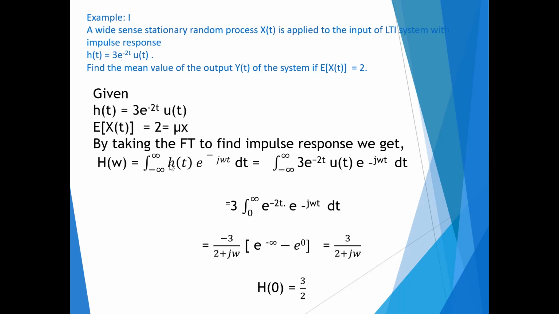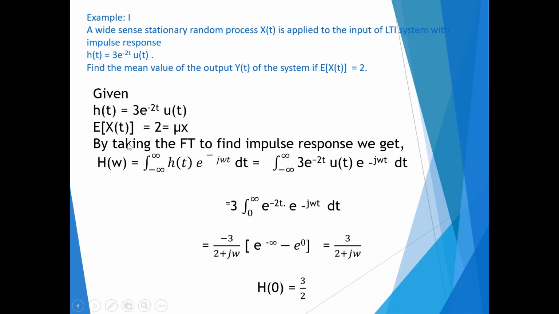h of t is what is given in the example, that is 3 e raised to minus 2t u of t, and the expected value is given as 2. Here we can see E of x of t is equal to 2.